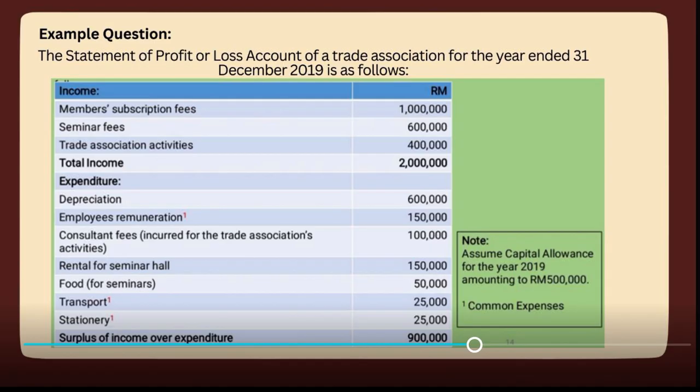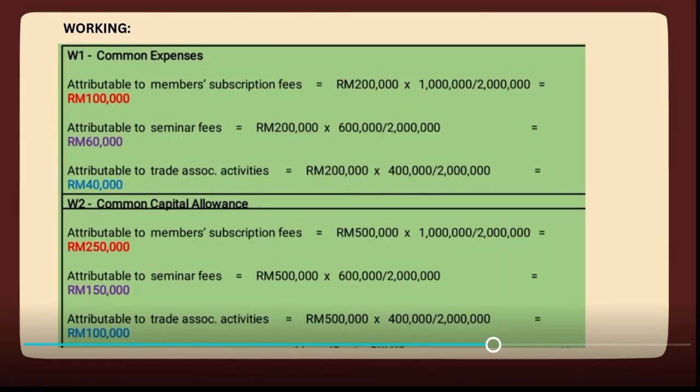For the example question, the statement of profit or loss account of a trade association for the year ended 31st December is as follows. For Note 1, employees' remuneration, transport and stationery are common expenses. For working, common expenses for member subscription fees is 200,000 times 1 million divided by 2 million.